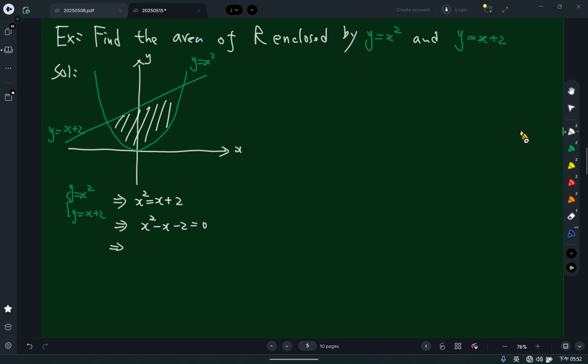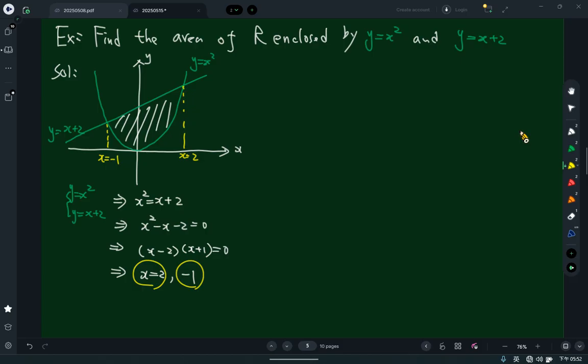Then we will have x minus 2, x plus 1 is equal to 0. So we have x is equal to 2 and negative 1, right? So this is x equal to negative 1 to x is equal to 2.